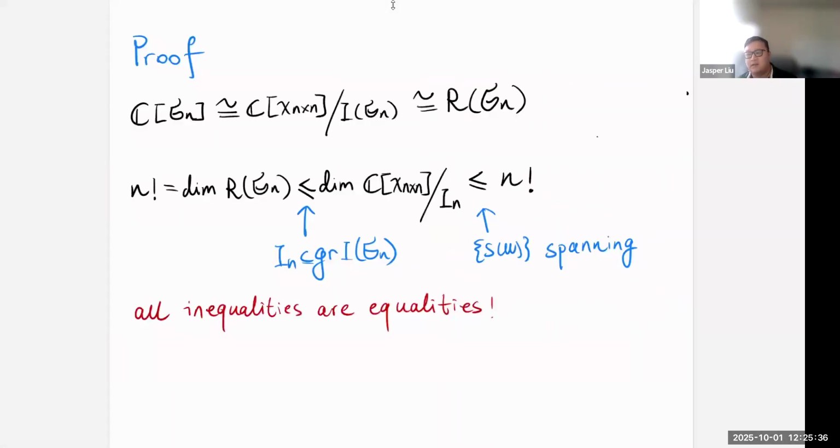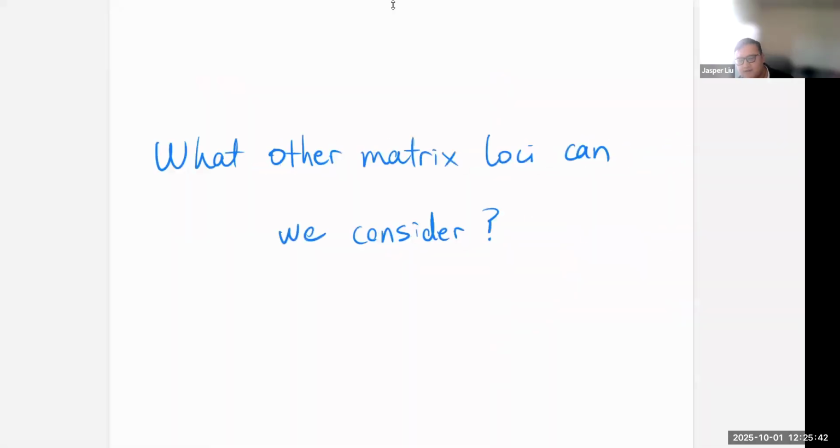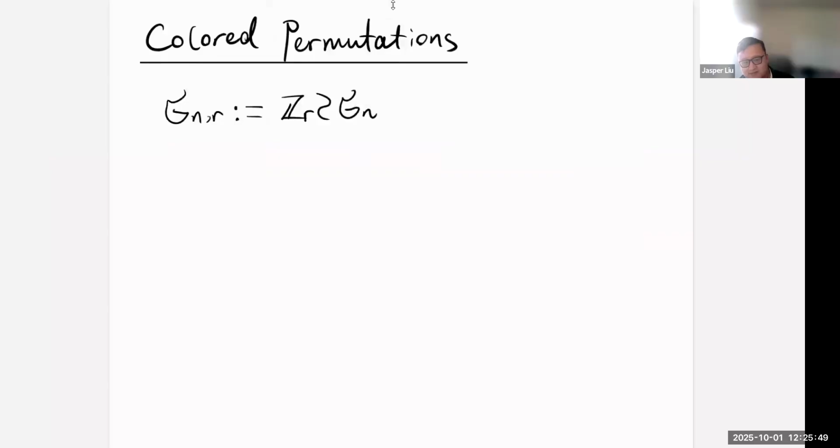Okay, so this was the classical, the first result by Brendon. And after that, we asked the question, what other matrix loci can we consider? So the first thing I did was that we take the colored permutations. Algebraically, it's a wreath product of the cyclic group of size R with the symmetric group.